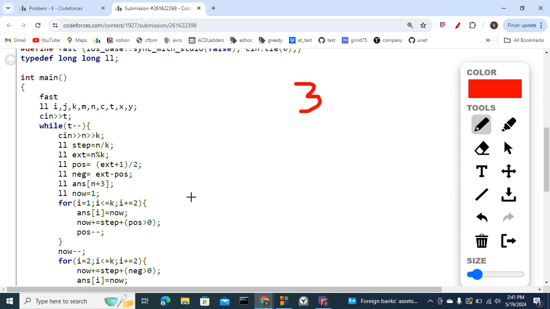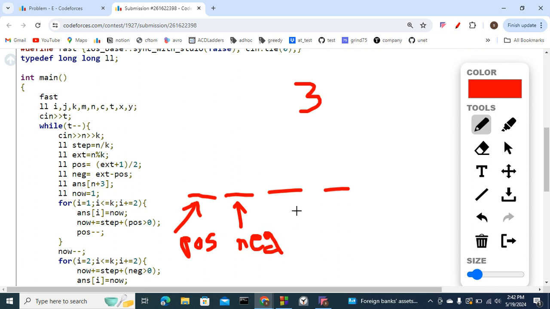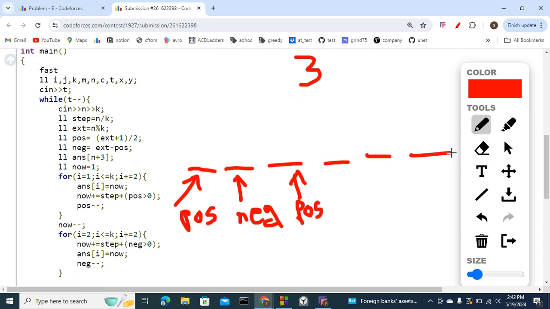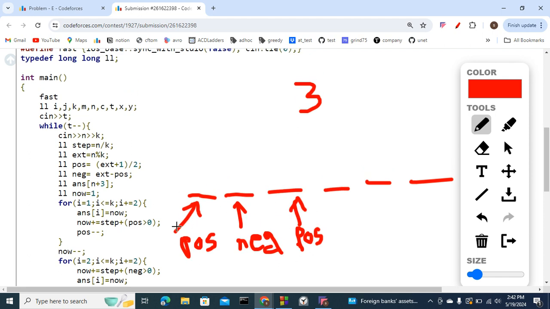The first position value always increases, the second value always decreases, the third value always increases. So whatever the case, we need to distribute the extras among the first few values.